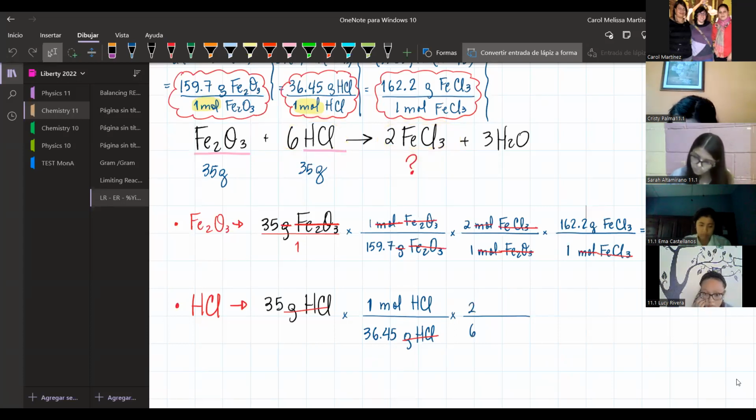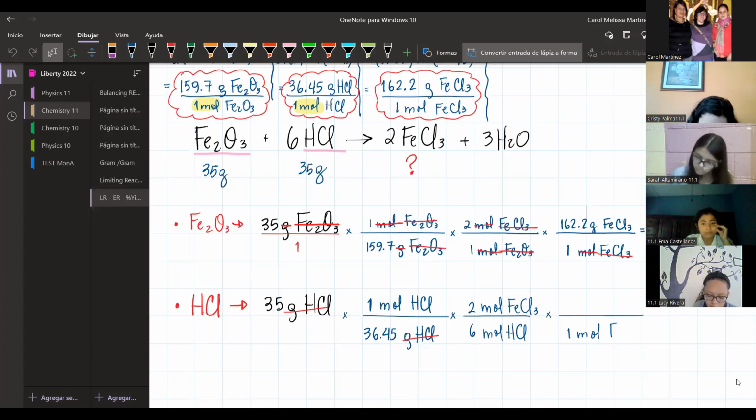Okay, 6 moles of HCl and 2 moles of iron 3 chloride. In the last step, molar mass of the unknown substance. So my moles are going to be written in the bottom and above 162.2 grams of iron 3 chloride.